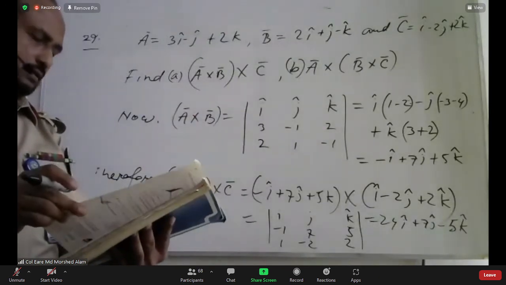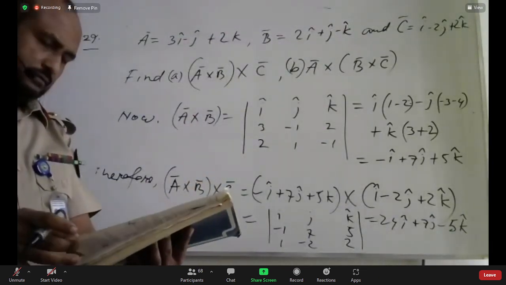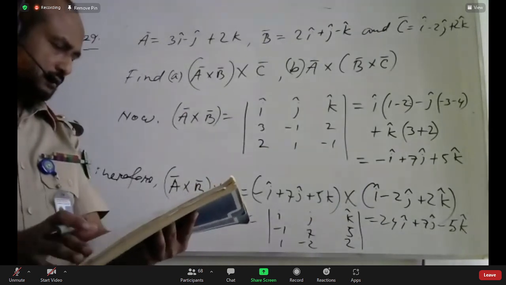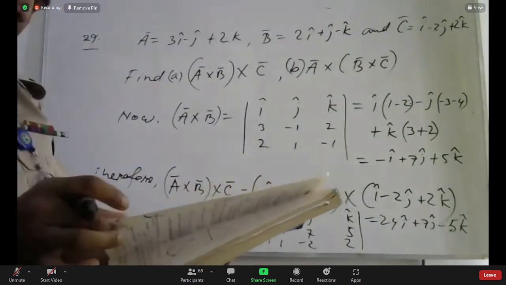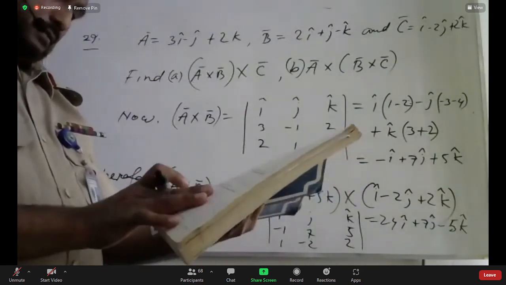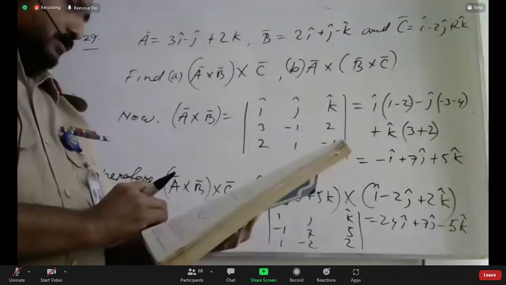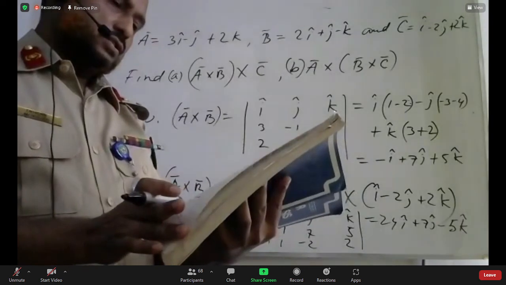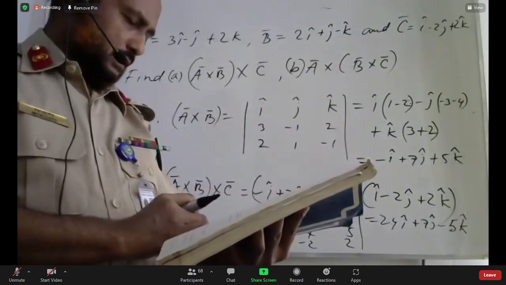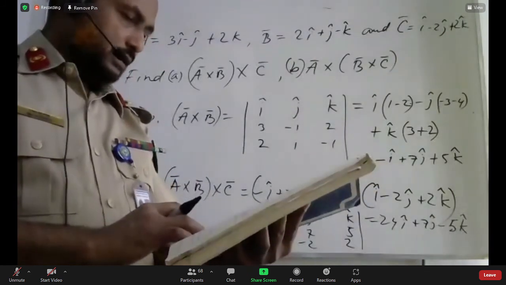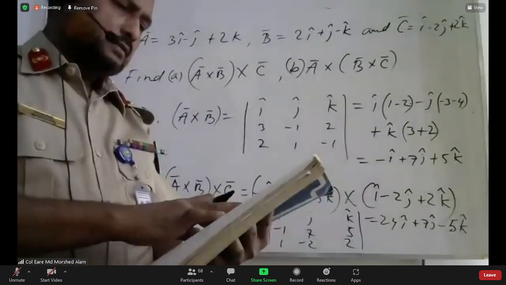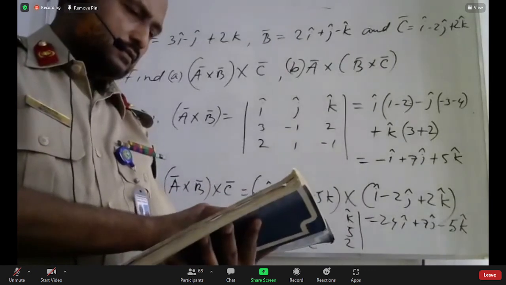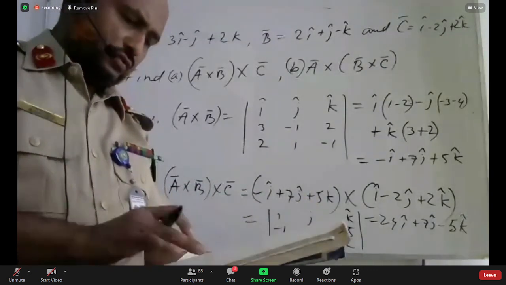You solve number 13, then 16, and then 27, 28, 29, 30, 31, 32, and then the triple product 38, then 39, 40.